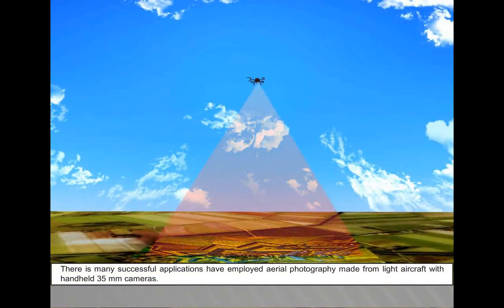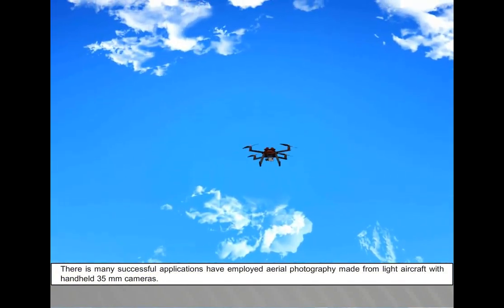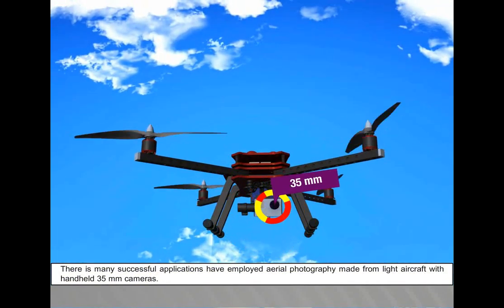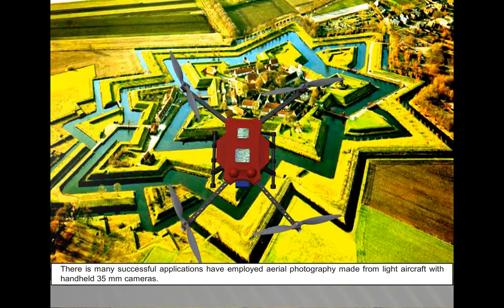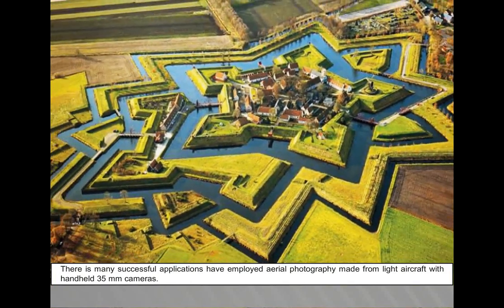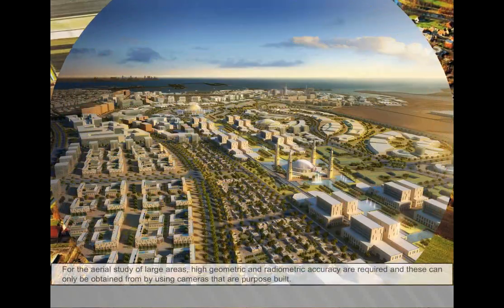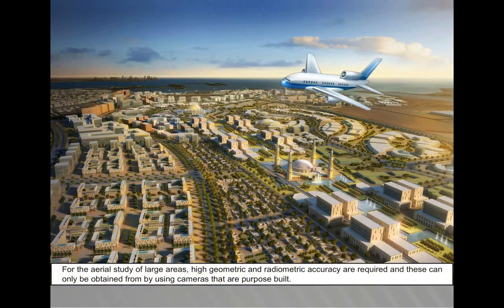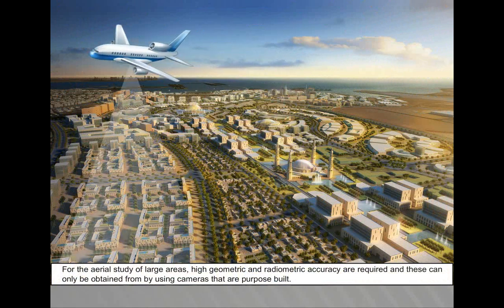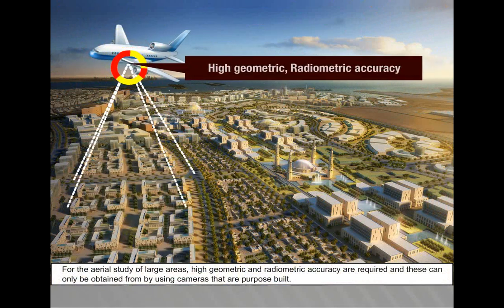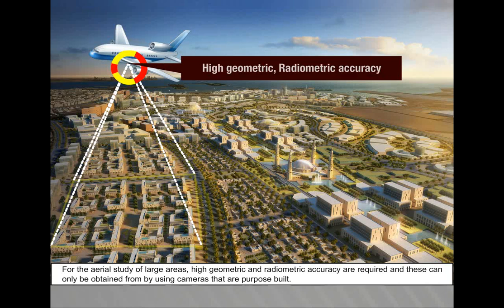Many successful applications have employed aerial photography made from light aircraft with handheld 35 mm cameras. For the aerial study of large areas, high geometric and radiometric accuracy are required, and these can only be obtained by using cameras that are purpose-built.